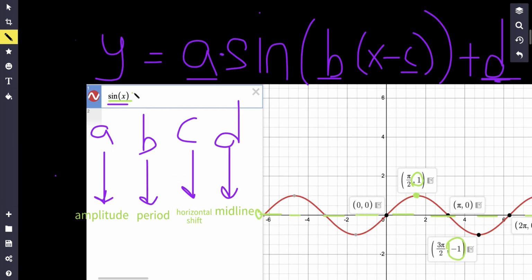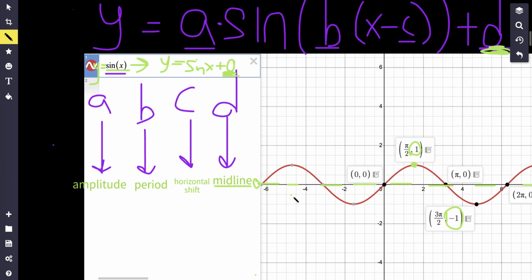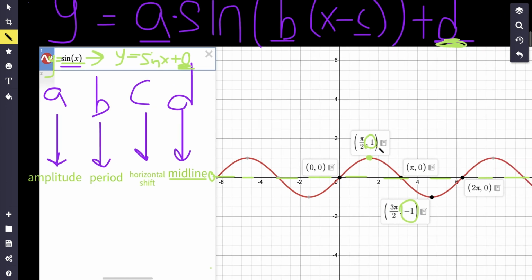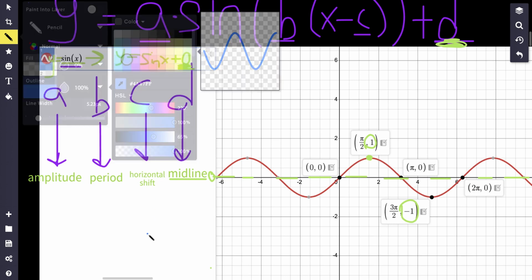That's why in this equation, y is equal to sine of x, you can actually rewrite this as y is equal to sine of x plus 0. And this 0, the d term on the outside, highlights your midline, which in this case is equal to 0, because the line is in between 1 and negative 1, which are the highest and lowest points.